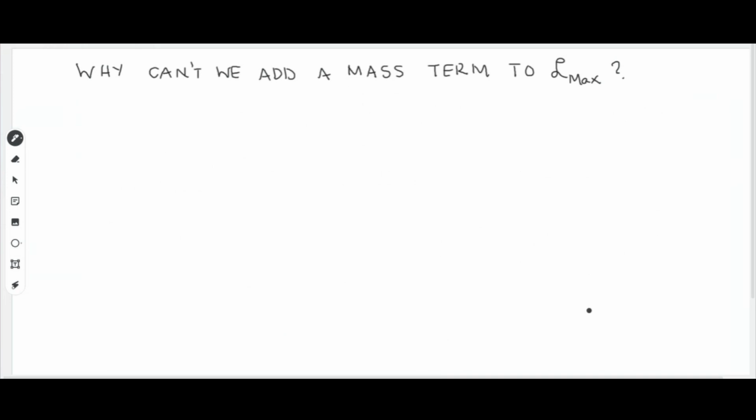So what's a mass term? Well, let's say we have a mass term, L_m, equal to like this, half, just like the scalar field, we will try to write it like this.